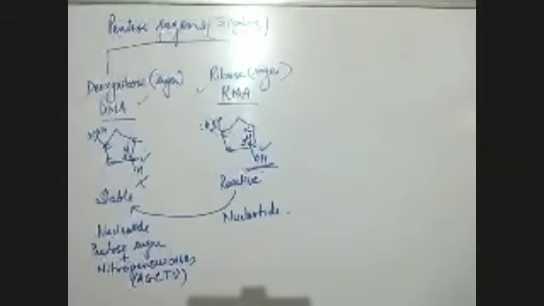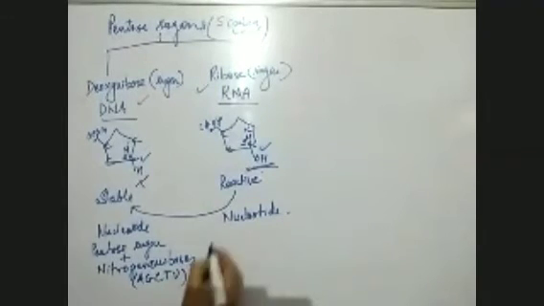See, a nucleoside is when we have pentose sugar plus nitrogenous bases. What are nitrogenous bases? I told you: A, adenine, guanine, cytosine, thymine, uracil. These are nitrogenous bases. When pentose sugar is linked only with nitrogenous bases, it is a nucleoside.